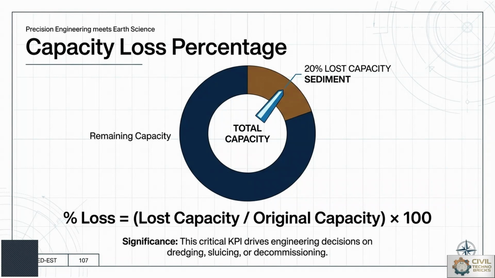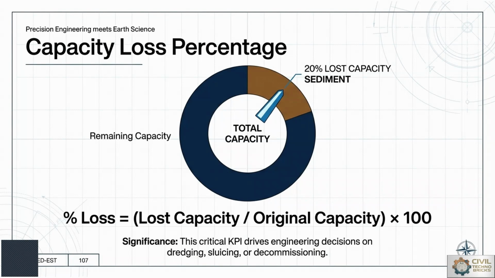In the GIS environment, this lost capacity is the difference between the original bathymetry, or the bottom depth, and the current digital elevation model created via remote sensing. Civil engineers use this to turn raw cubic meter volume data into a simple percentage that stakeholders and decision makers can easily understand.